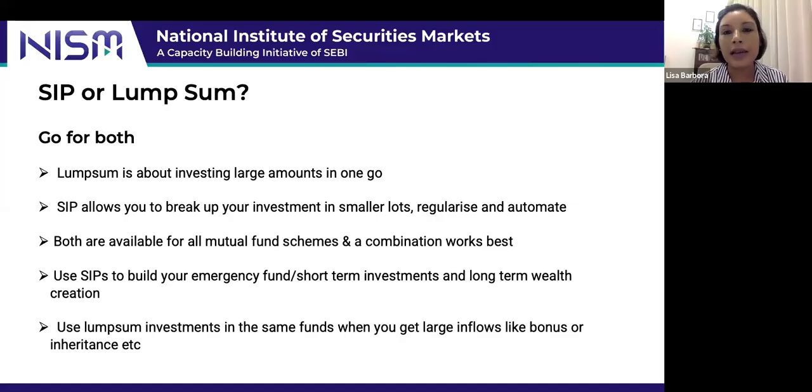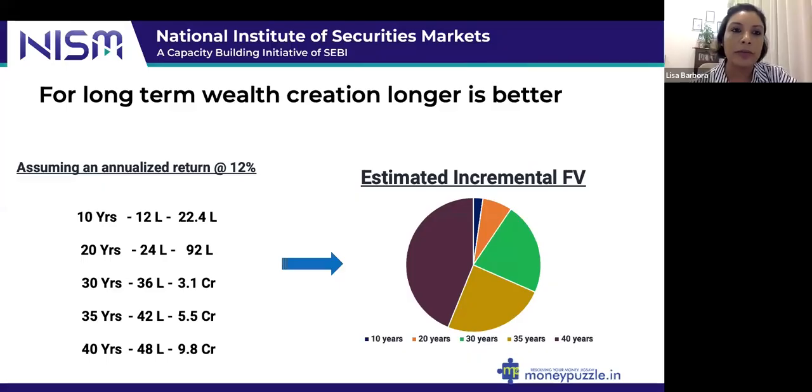If you are a regular salaried employee, you may end up investing more through SIPs than in lump sums. So it really depends on how you are receiving your income, whether you choose the SIP or the lump sum mode. For long term wealth creation, however, SIPs build a great habit of investing and saving regularly.